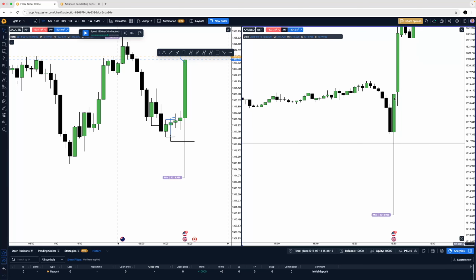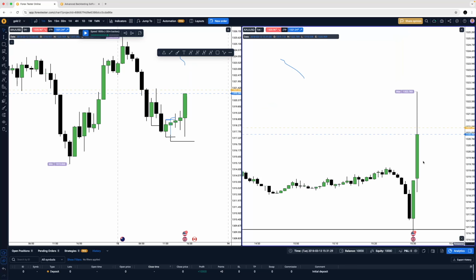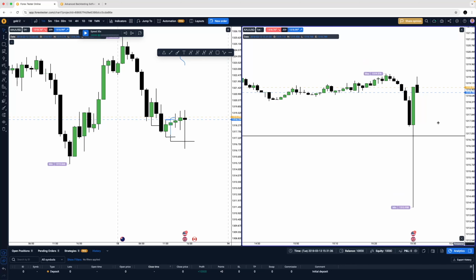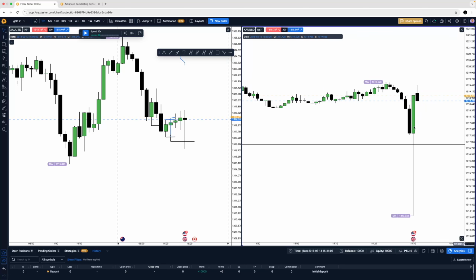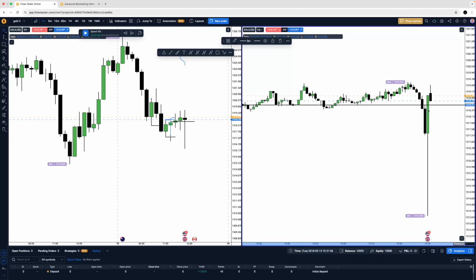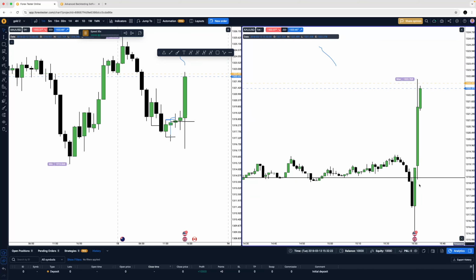Let's roll back from here. You can clearly see we have the rejection and then also followed by some sort of retracement. You can enter the market right there and wait for price to move to the upside, only if you spotted this move here, but this was very, very quick.